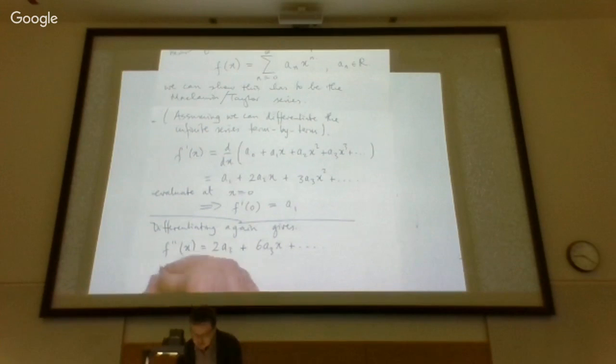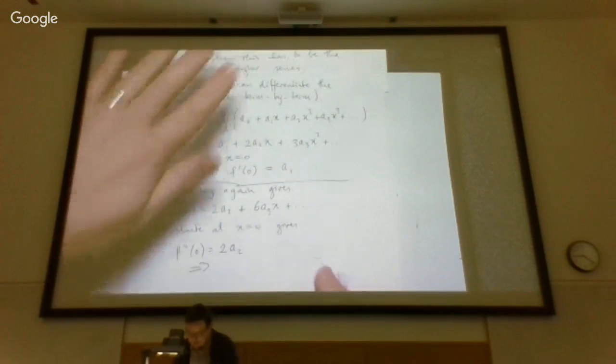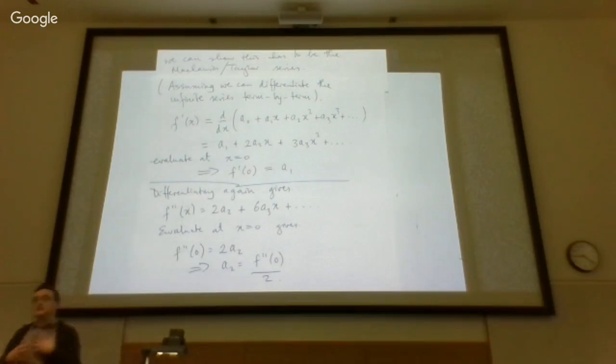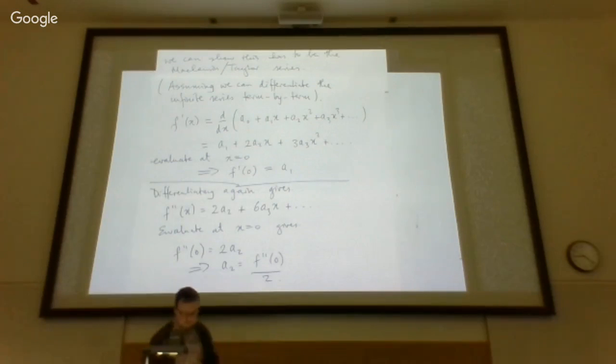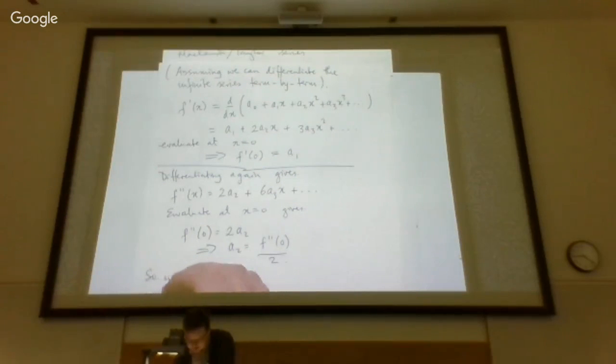And evaluating at x equals 0 gives that the second derivative of f at 0 is indeed 2a2, i.e. a2 is the second derivative of f divided by 2, which is exactly the formula for the Maclaurin series. Okay. So we see agreement with the Maclaurin series.